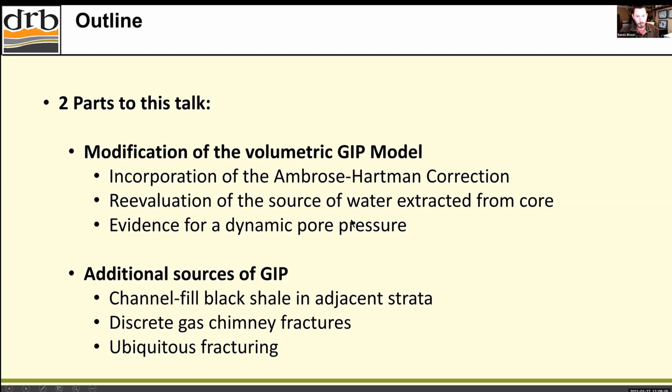But there's always talk about whether these well bores are drawing on other sources of hydrocarbon from outside of the Marcellus Shale itself, so I wanted to take some time to address that as well, and my current thinking on it.